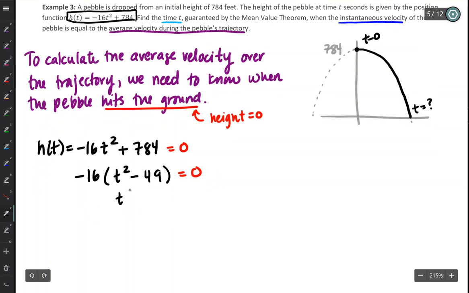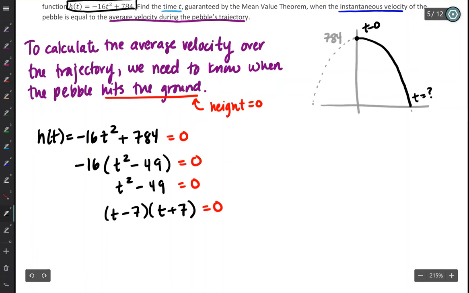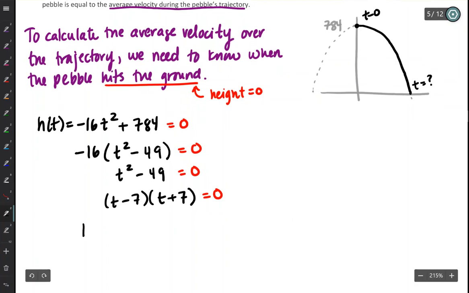Can divide both sides by minus 16 if you want. We have t minus 7 and t plus 7 is equal to 0. So my t values that make my h value 0 are t equals 7 or t equals minus 7.